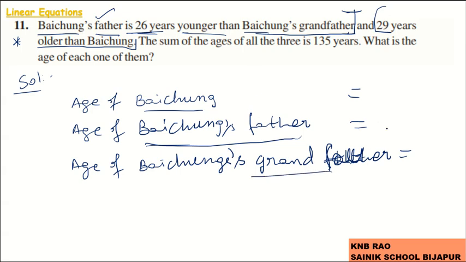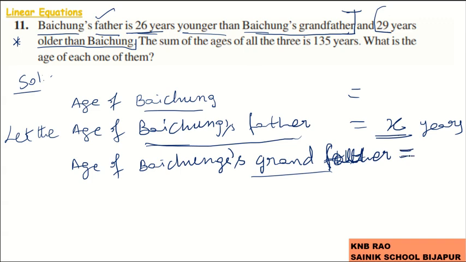So, what is better? I will assume, let Baichung's father's age be some variable x years.